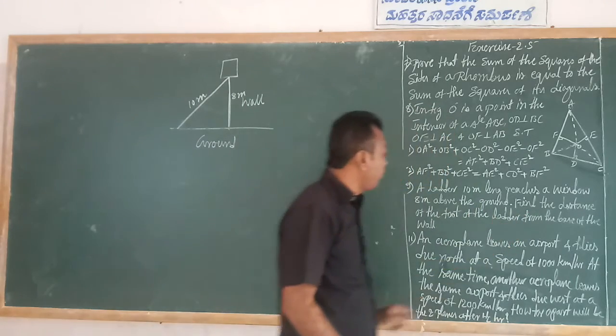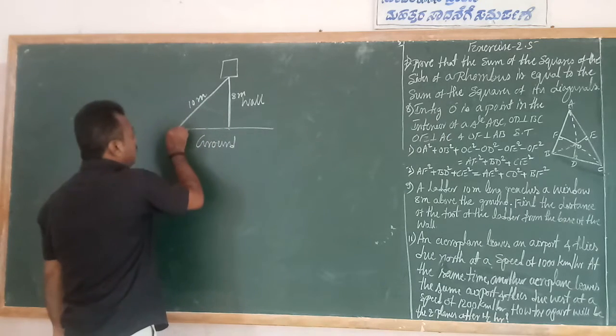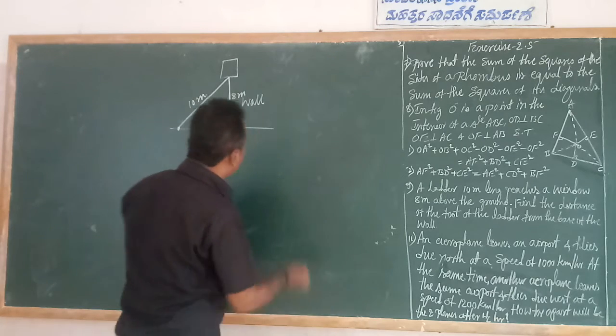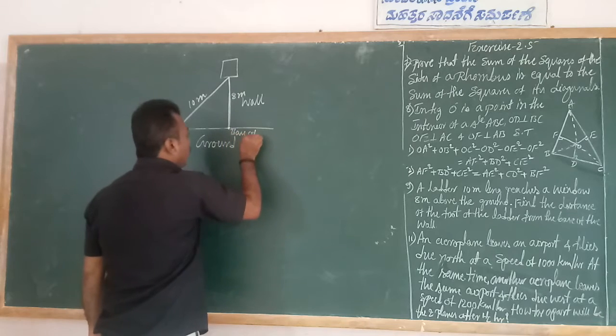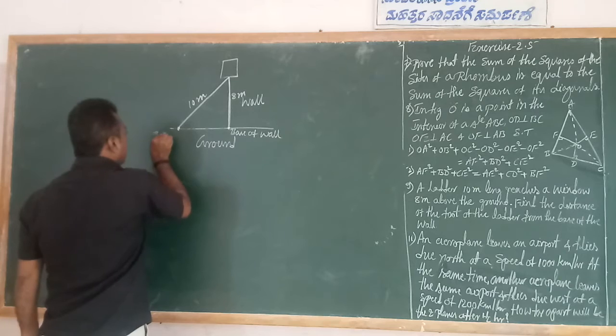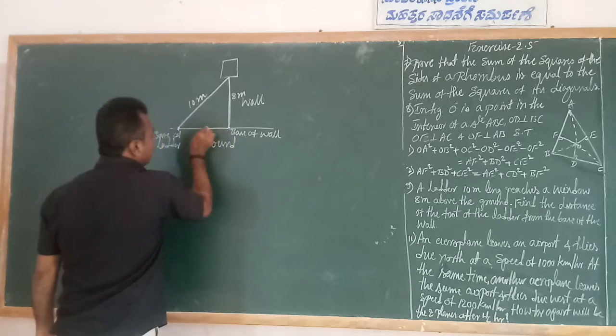What we have to calculate? Find the distance of the foot of the ladder from the base of the wall. This is the base of the wall, correct? This is the base of the ladder. We have to calculate this distance.